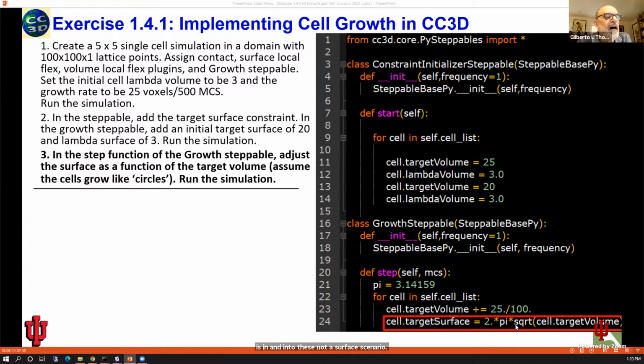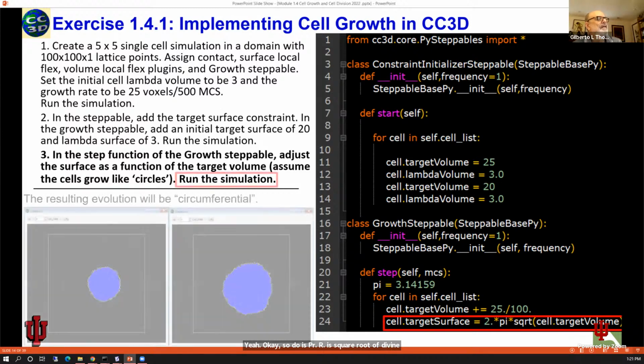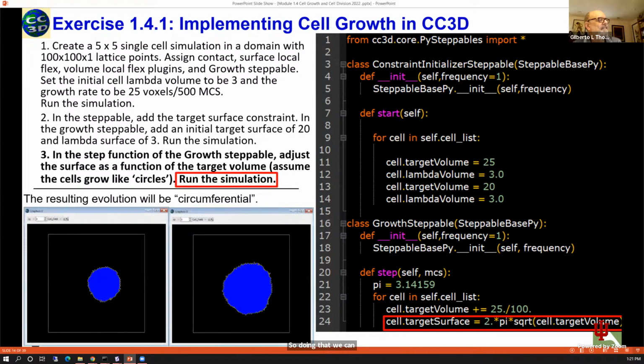Okay, so 2 pi r is the square root of the volume. So doing that, we can run the simulation and see that the evolution of the system now comes back to a more circular form. I mean, the length of the perimeter grows according to the volume, the inner area of the cell.